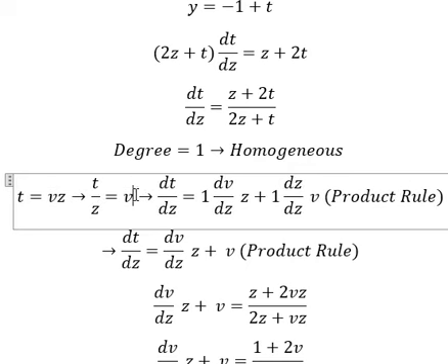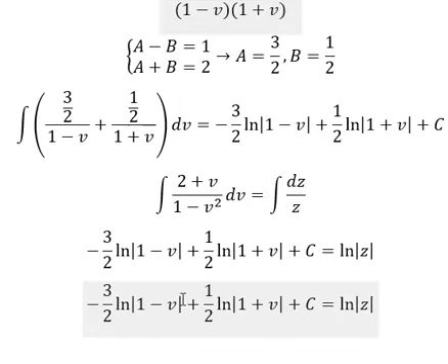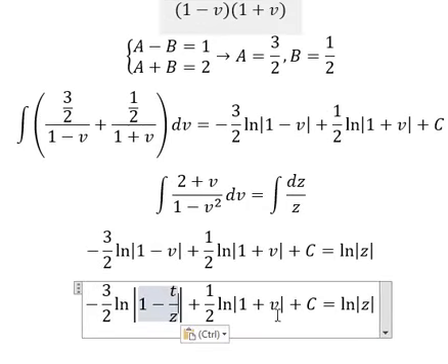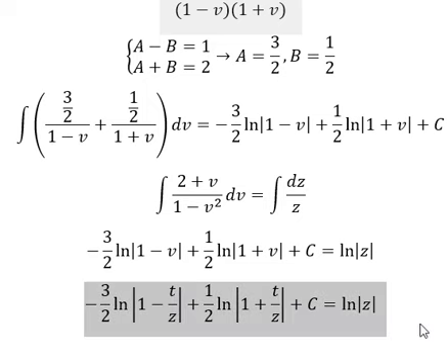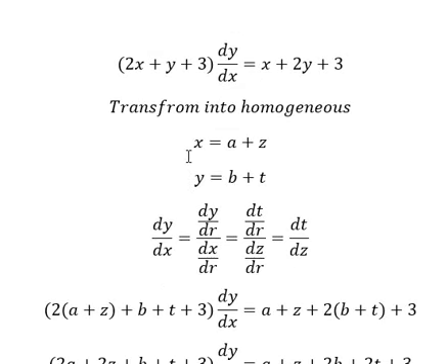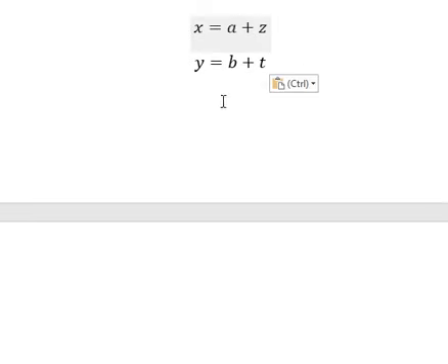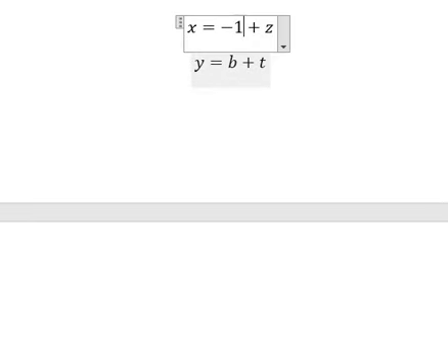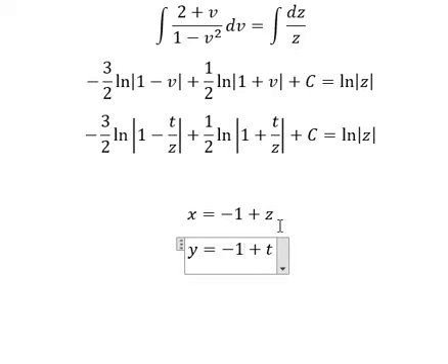And now we need to change v into this one. So about t and z, that is this one. So we put negative 1 come here. So I will put negative 1 go to the left.